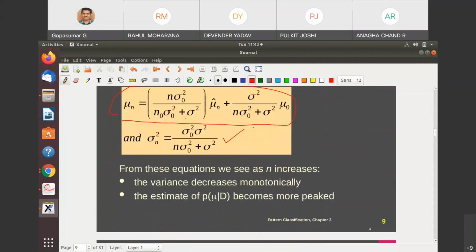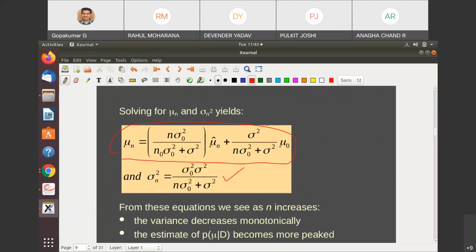So if you look into these two equations, we get a very interesting point. Look at sigma n square, the variance, and how it is related to n. We know n is the number of samples.